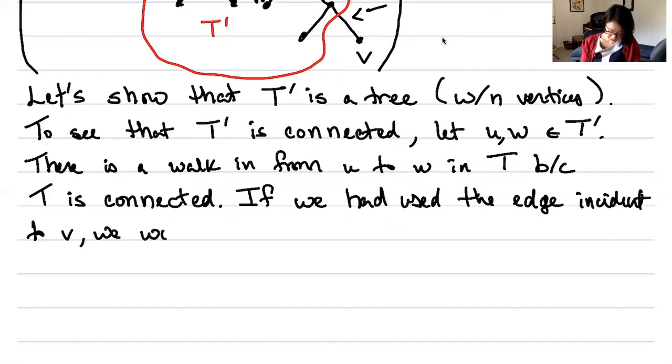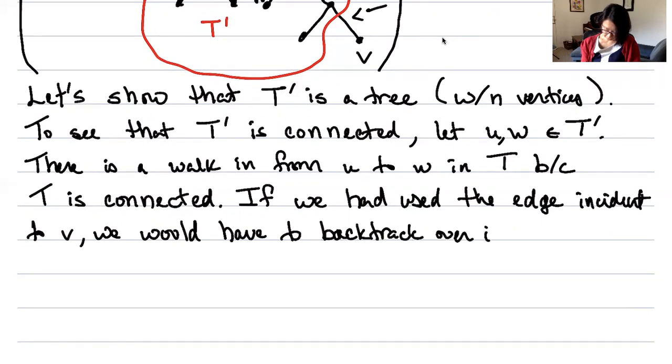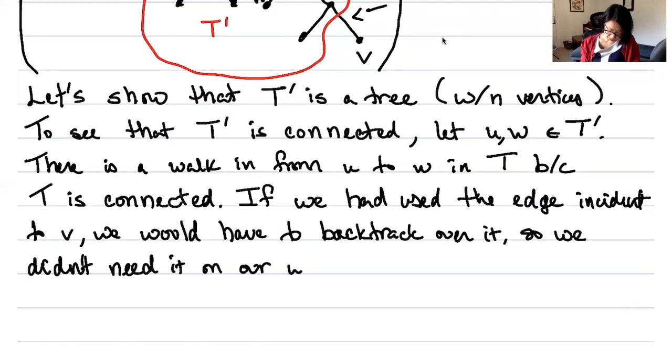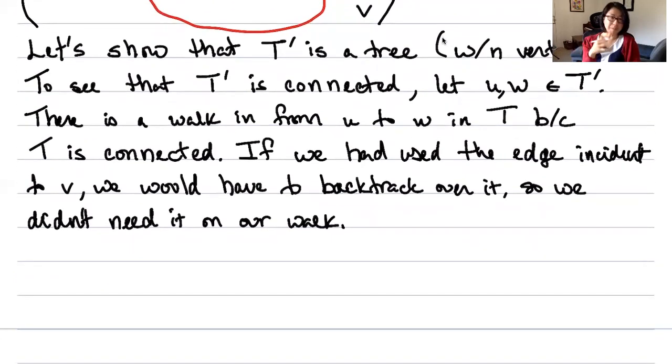We would have to backtrack over it. So just don't use it. We didn't need it on our walk. Okay, so we still have a walk from U to W in T prime.